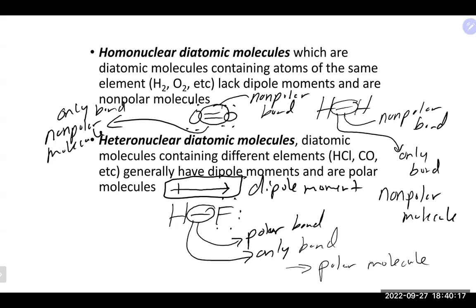So this is really the only place where bond polarity, where we use the difference in electronegativity values, and molecular polarity basically cross over. Now, if everything was this simple, that'd be great, but it is not. When you get things that are 3 or more atoms together, you have to look at a couple of things to decide whether it's a polar molecule or a nonpolar molecule.